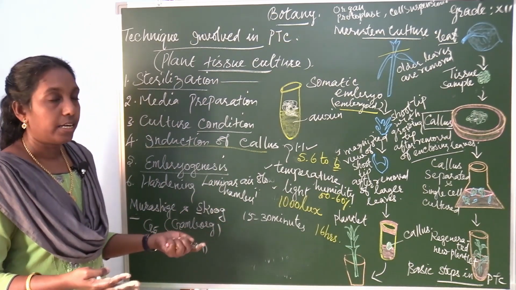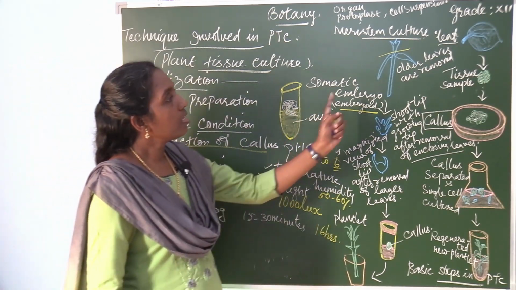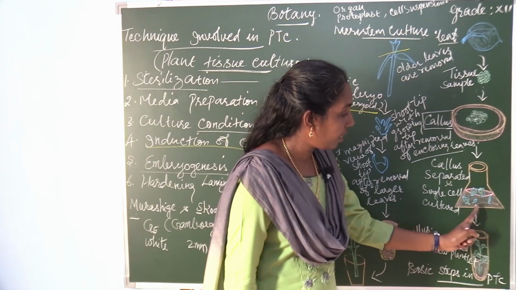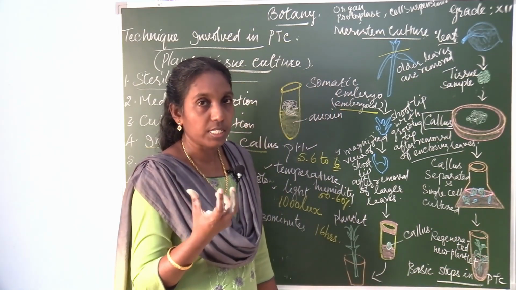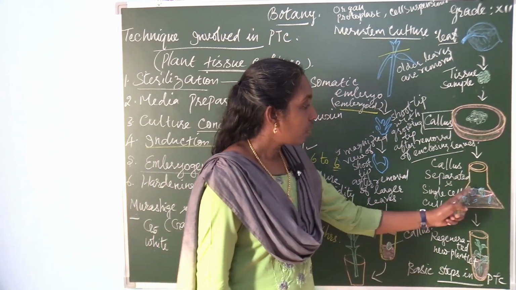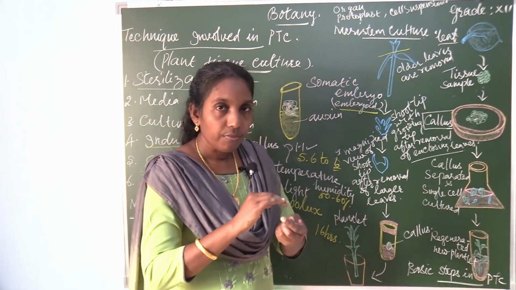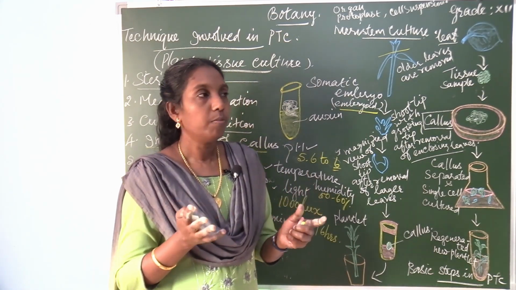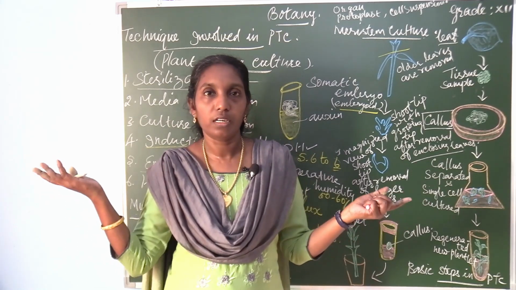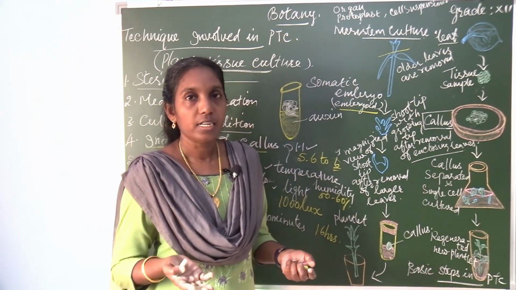The last technique or last process is hardening. Now all these tissues are developed inside glass vessels. So within the test tube or conical flask or a petri dish, it develops in a very small amount of nutrient medium, very small space. Normally the plant will grow in the outside environment, in the soil, with exposure to direct sunlight.